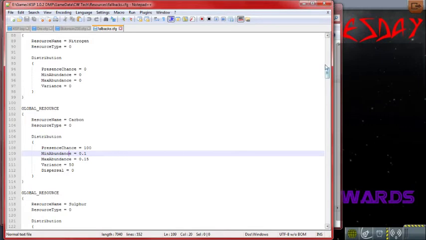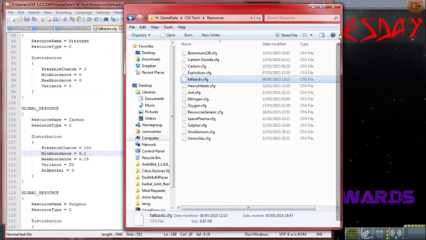You know what? I'm going to leave it in there. The only question is, do we want carbon to be present in water as well? You know what? Why not? So what we're going to do is we're going to take carbon and get rid of it.